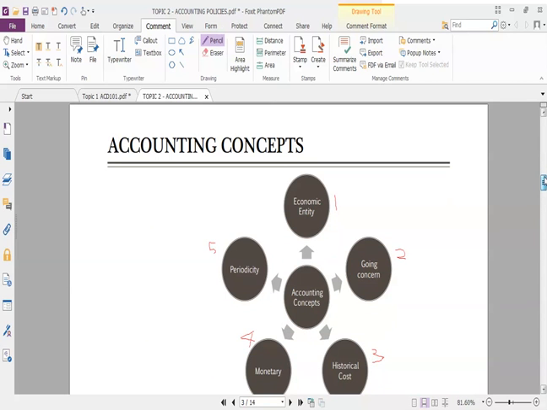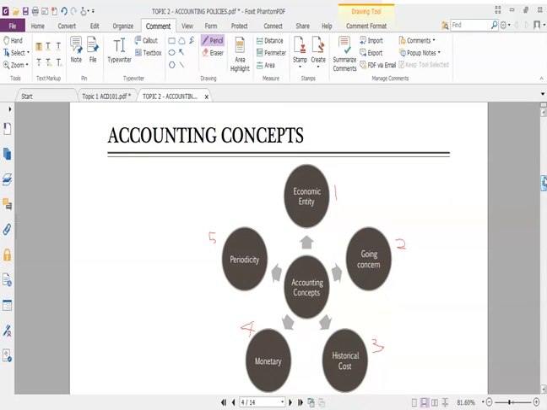So let's look at accounting concepts. We have about 5 accounting concepts. The first one is economic entity, which we will discuss later. Going concern, what is going concern?